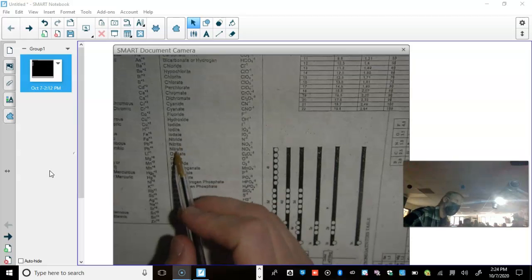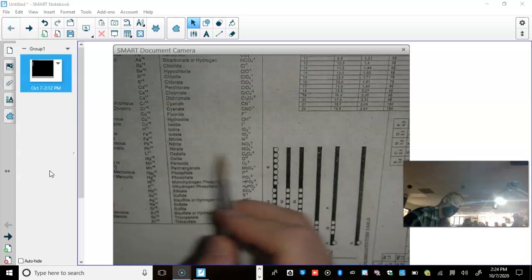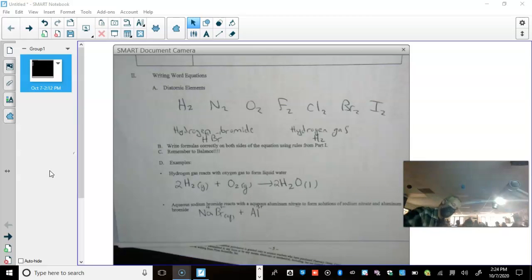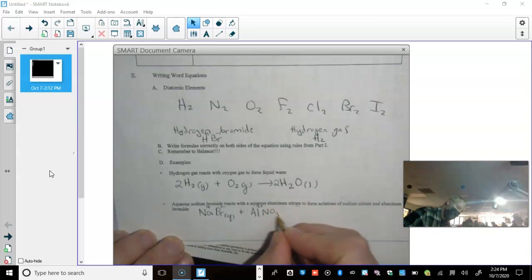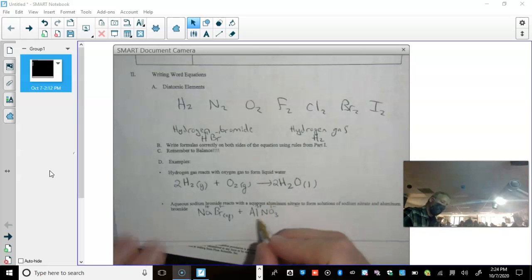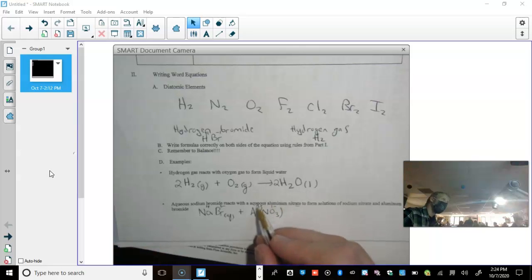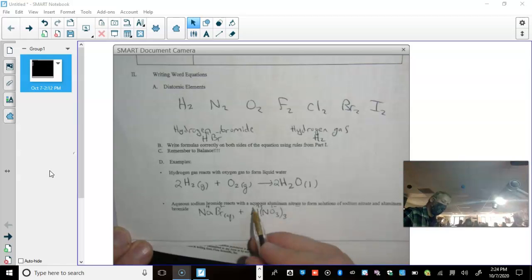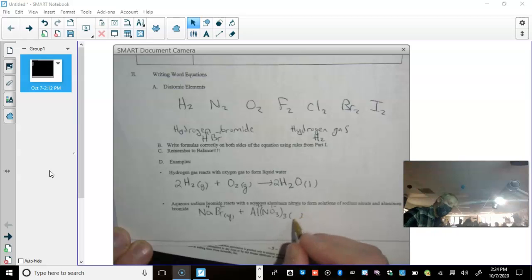So nitrate is right here. There it is, NO3 with a -1 charge. But I have more than one of them. If I do the crisscross, the charge of aluminum tells me I need 3 nitrates, and the charge of nitrate tells me I need 1 aluminum. And what state of matter is it? AQ for aqueous.